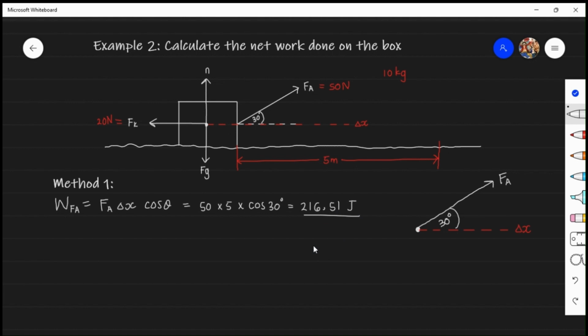And this is a positive value, which means that energy is being added to the object. Now, let us try and calculate the work done by the frictional force.